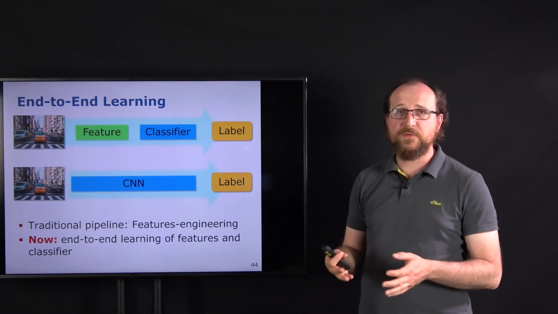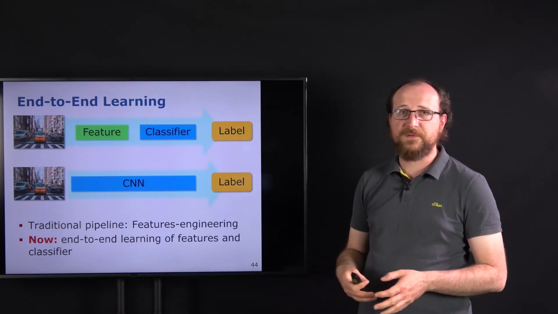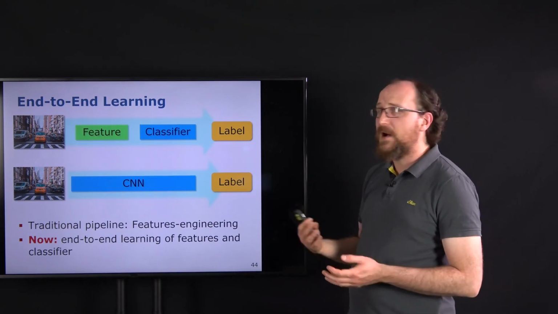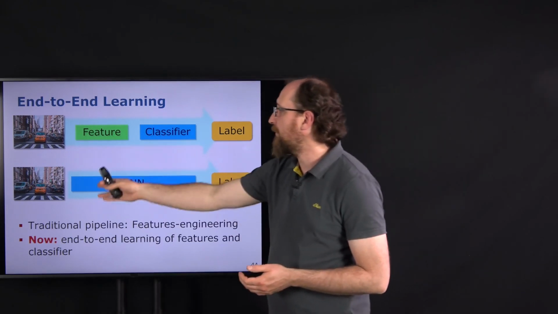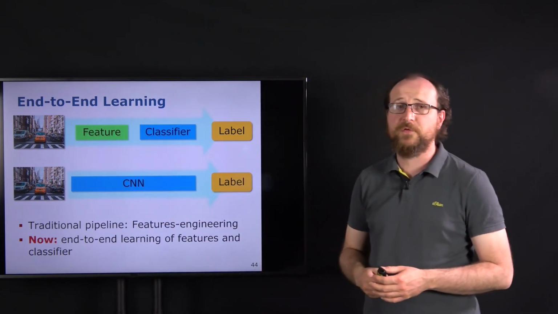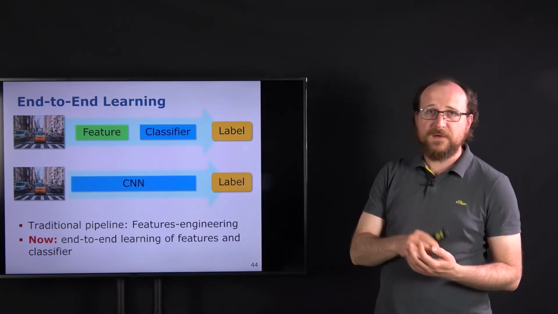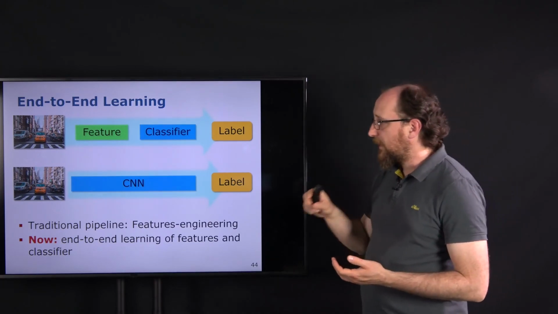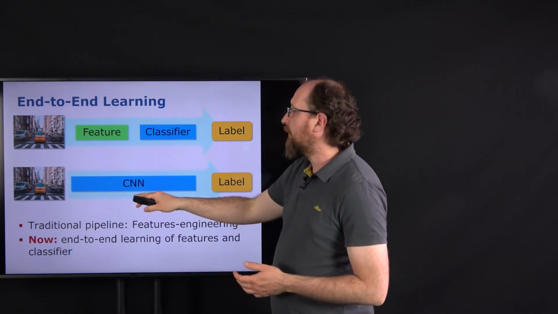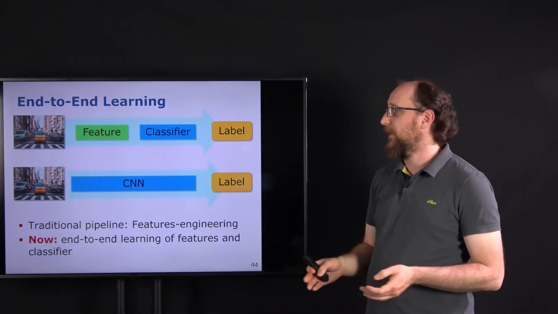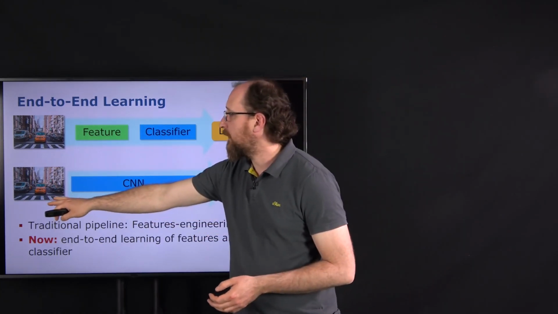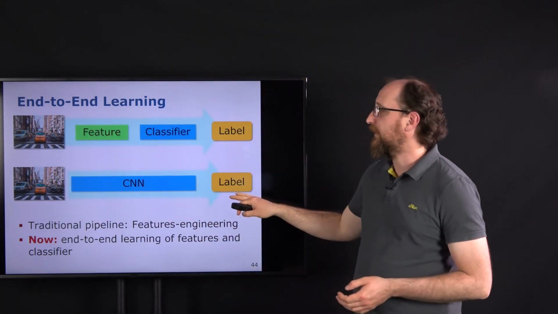And now this whole pipeline is basically just replaced by a convolutional neural network, starting with the image, getting through the filters with the convolutions to the label in the end. And this is the so-called end-to-end. So we're going from one end, the image, to the label on the other side.